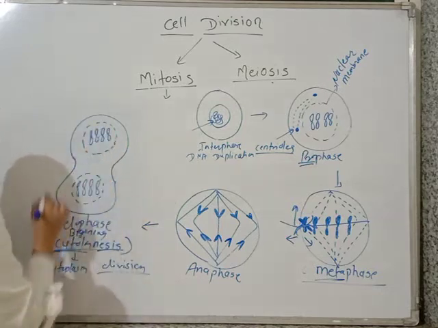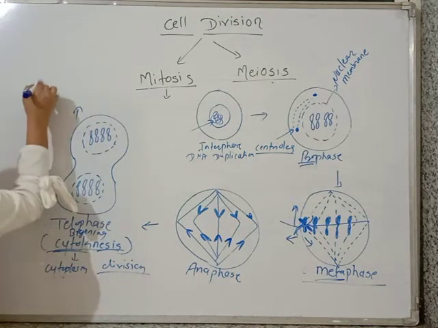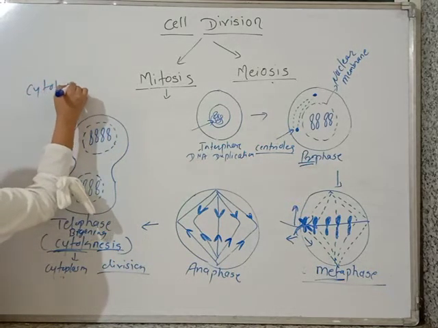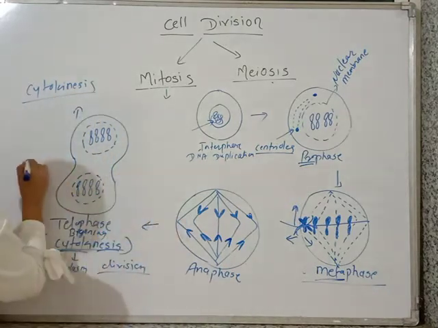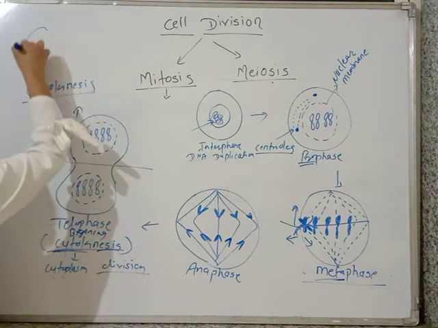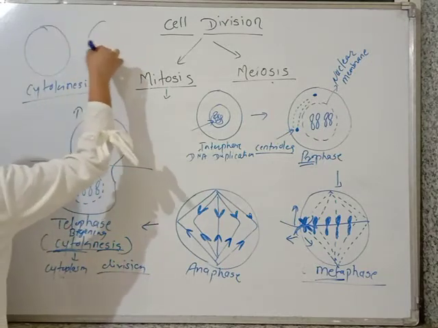And then the cytokinesis occurs. Cytokinesis means division of the cell, where the cell divides like this to form two daughter cells.